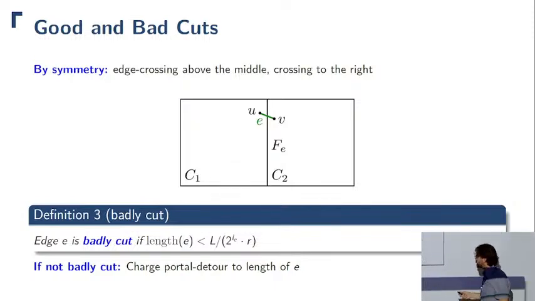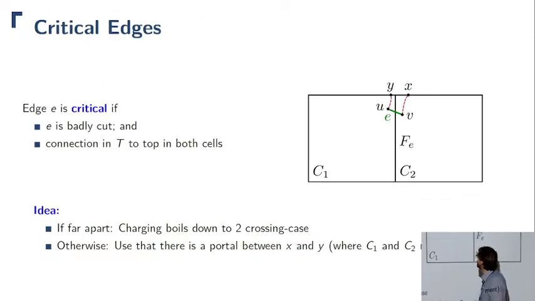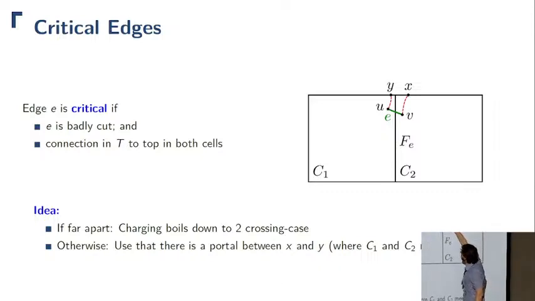Now, how do we deal with difficult cases? So that's badly cut if it's such a difficult case. And then we can have the case that we have this difficult case, and the red one is our approximate tour. The green one is the optimal tour.